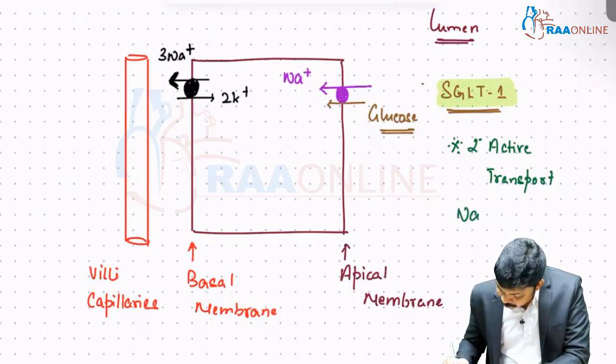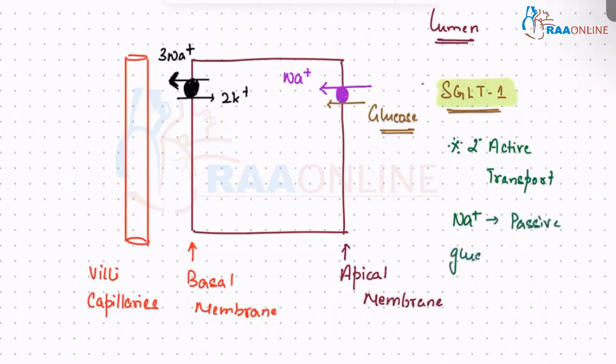I repeat, the movement of sodium in this transporter is going to be passive, guys, from high concentration to low concentration, whereas the movement of glucose is going to be active because glucose is moving from low concentration in the lumen to high concentration inside the cell. Since one transport is passive and the other is active, we call this secondary active transport and not primary active transport, guys. That's the way glucose enters.